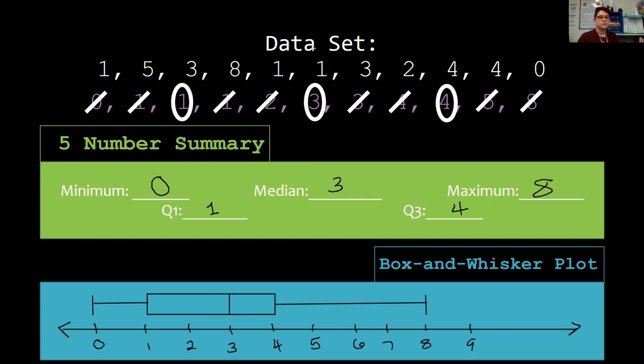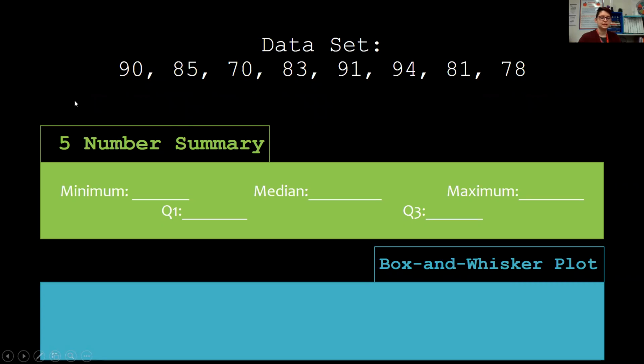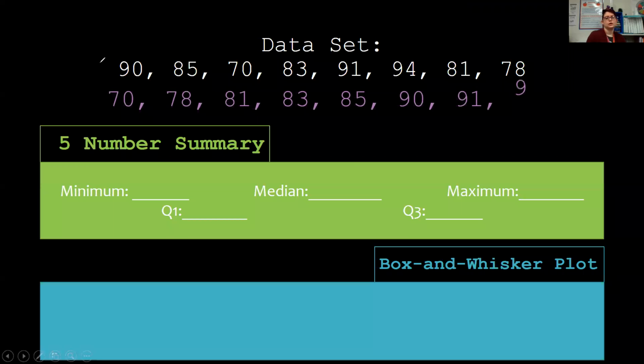So let's do another example. So we have this data set of numbers starting with 90 and 70 and going up to 91 or 94. Let's put them in order from least to greatest. And we can see that our minimum is 70 and our maximum is 94.